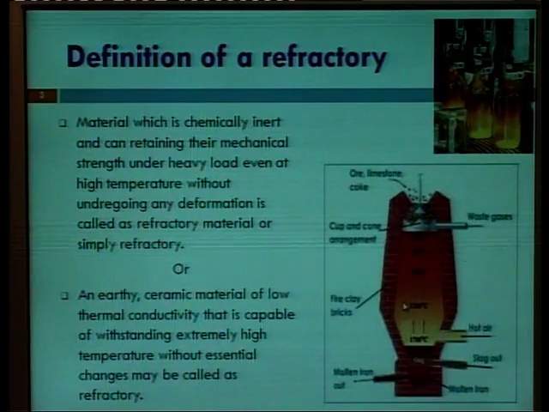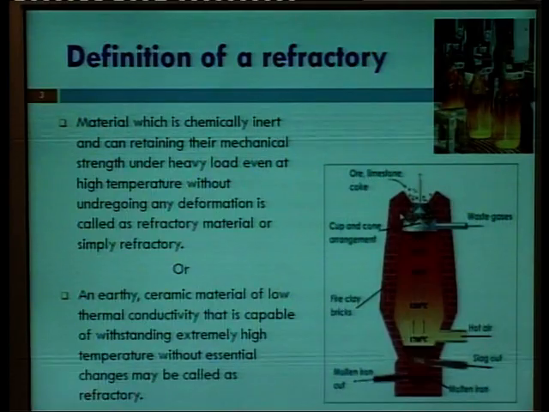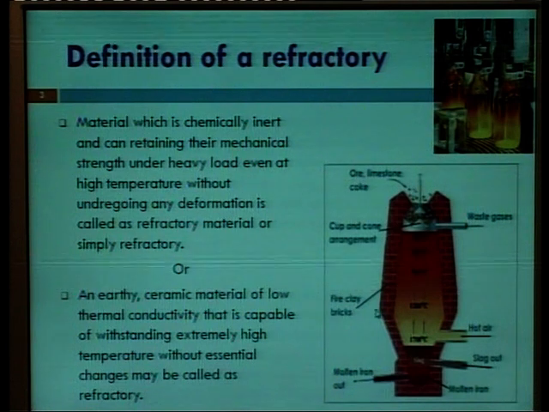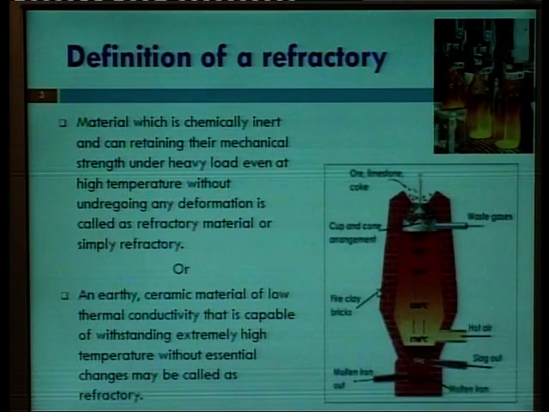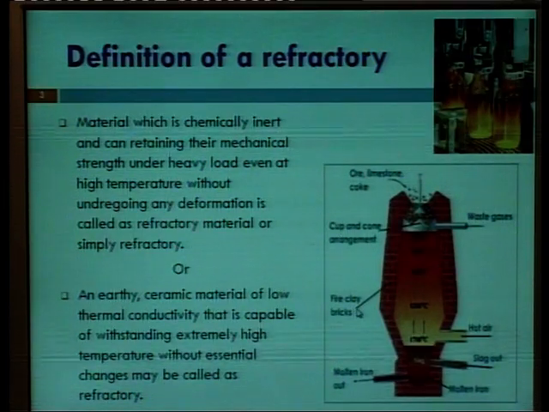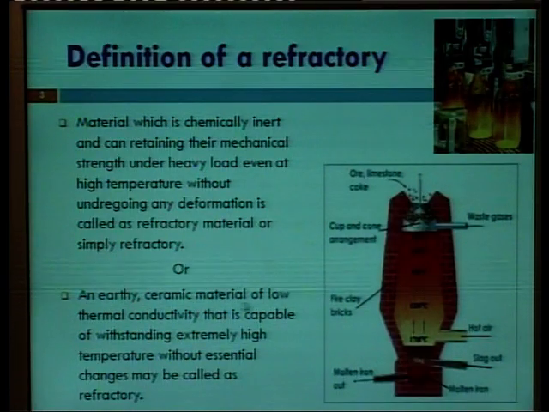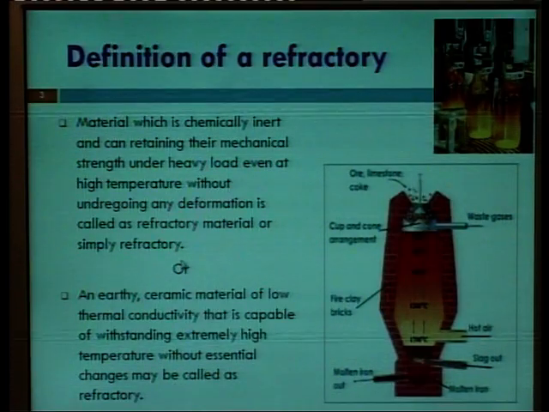There you have also mentioned this lining as either fire clay bricks or refractory lining. These are not simple bricks; they are made up of earthy or ceramic materials which have low thermal conductivity and are capable of withstanding extremely high temperature without any essential changes or deformation.